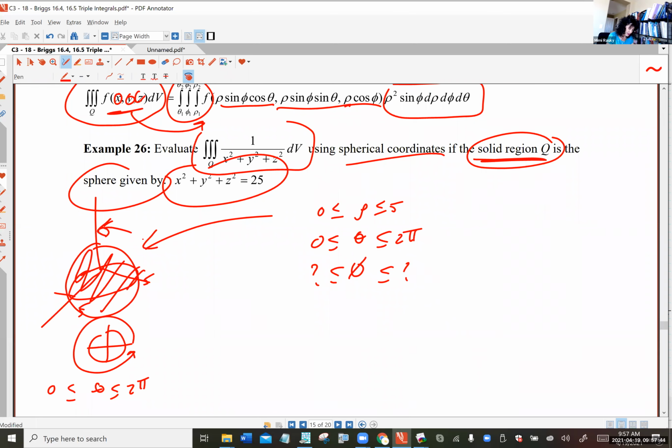Because this sphere is encasing all the points, if you pick any of them, they'll be making lots of different angles, but they'll start making the angle between the positive z-axis at 0, because some of those points actually live on the positive z-axis, and then all the way down to pi. It'll get the full range of phi.